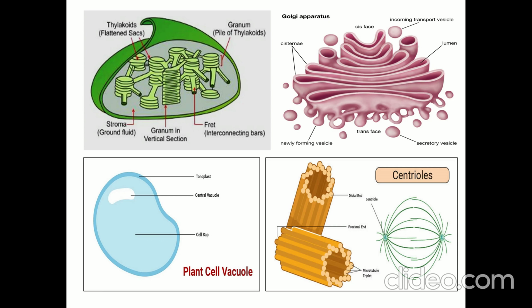Okay, and Golgi apparatus was first discovered by Camillo Golgi in the year 1898. Plant vacuole was first discovered by Antony van Leeuwenhoek in the year 1676. So these are some of the important points regarding cell organelles of plant and animal cell.